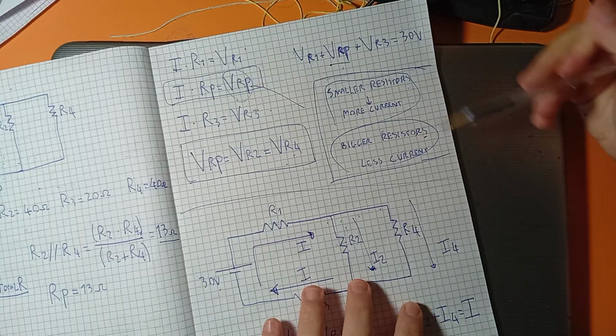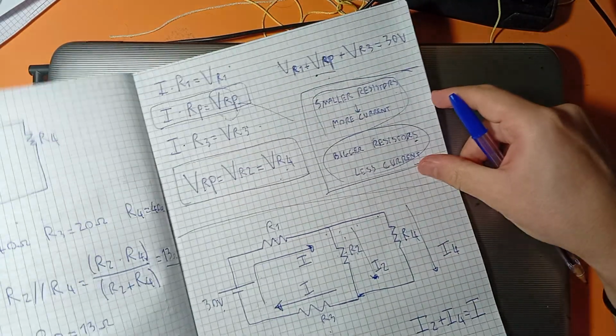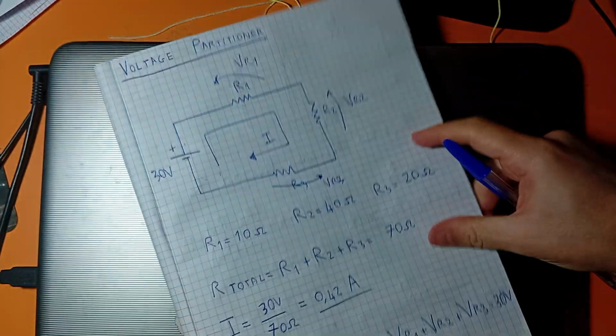Remember this. This is the principle for the current divider, while the voltage divider works in the opposite way.